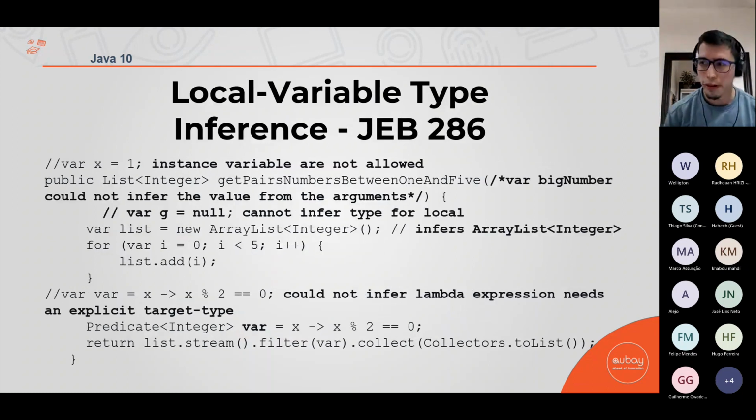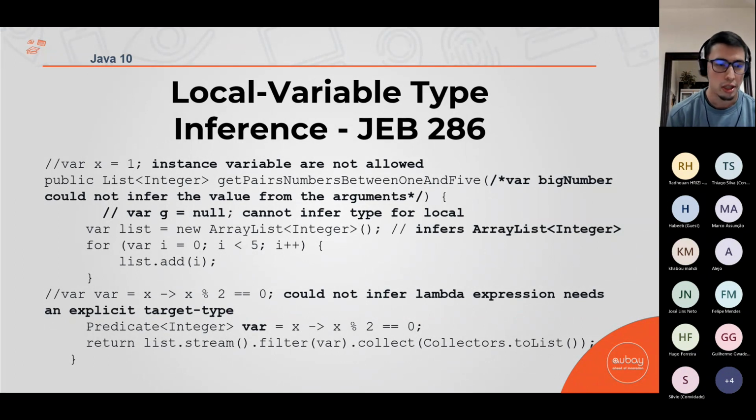We also have var. Yes, var was introduced in Java 10, and var doesn't mean that Java is not a typed language. Java is still a typed language. So with var, we have some rules. You cannot create an instance variable with var. You cannot use var as arguments.